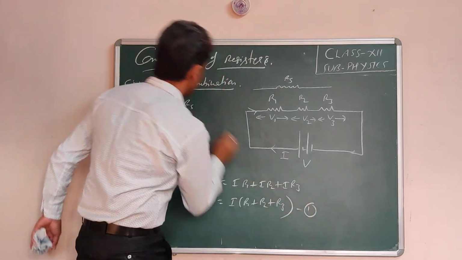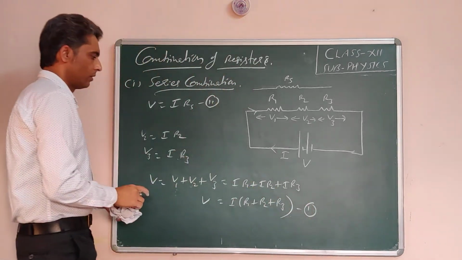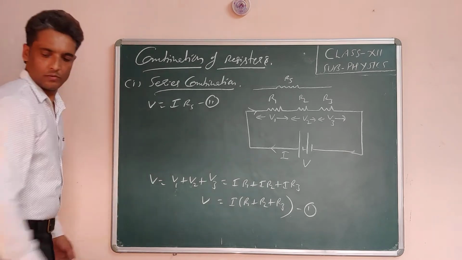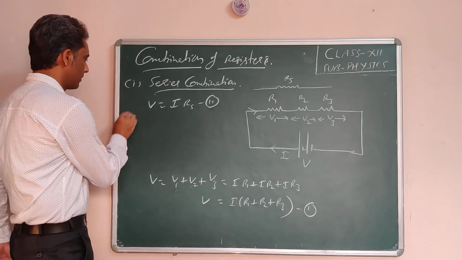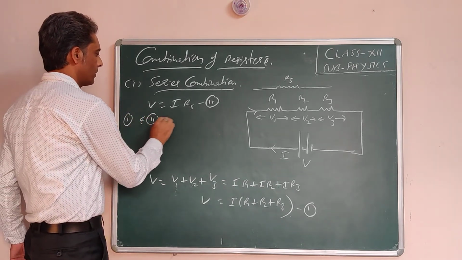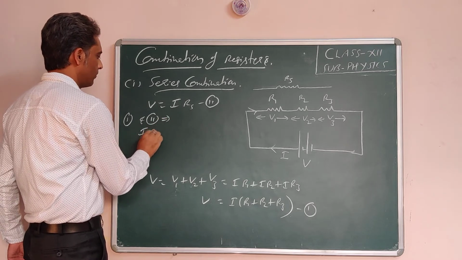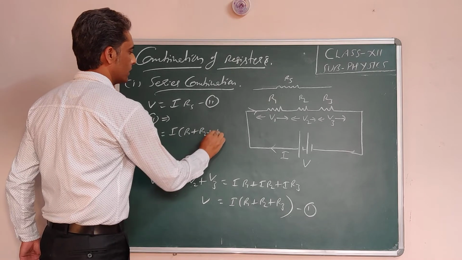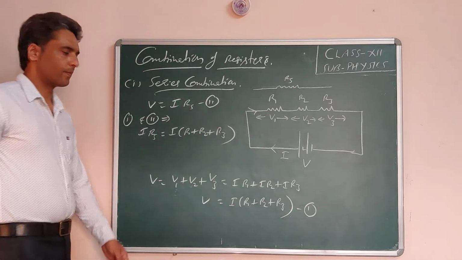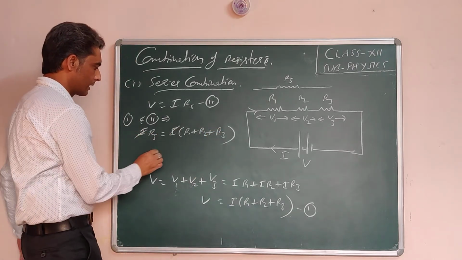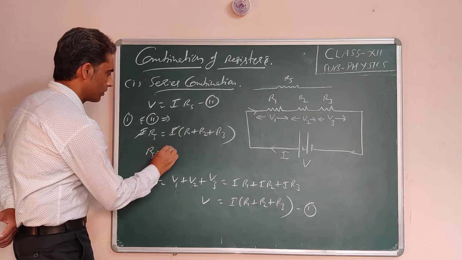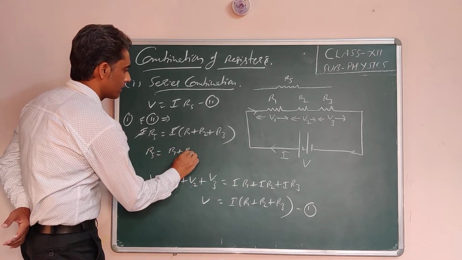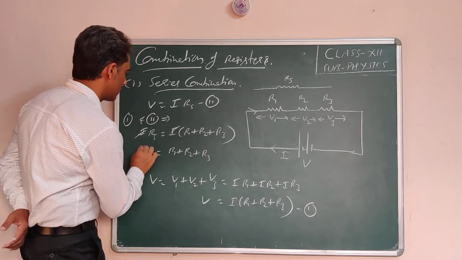Let this be number 1, this be number 2. So from 1 and 2 we can write I into Rs is equal to I into (R1 plus R2 plus R3). So I and I will get cancelled. So Rs is equal to R1 plus R2 plus R3.